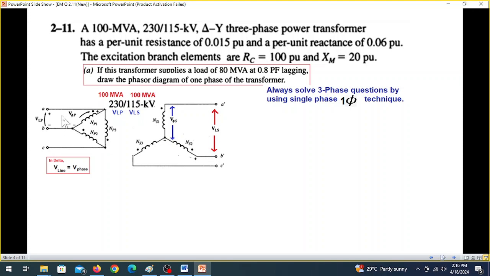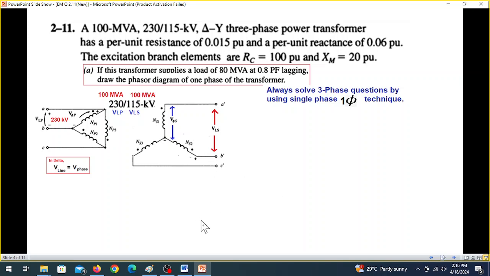This is the line voltage between line to line, and this is also the phase voltage. That means in delta, V line is equal to V phase. What about Y? So 230 kV is the V phase and V line both.